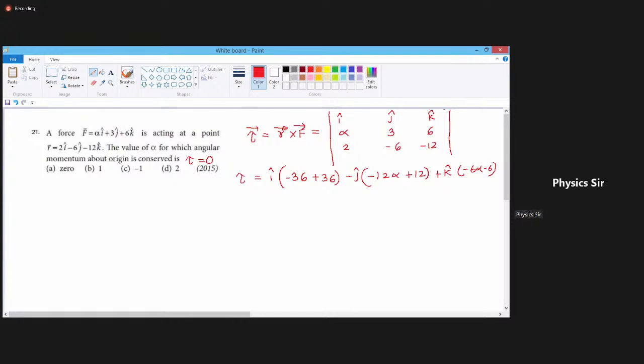This is the torque. So since the angular momentum is conserved, this is 0. ये तो पहले से ही 0 है. So this is the minus j cap times minus 12 alpha plus 12 plus k cap times minus 6 alpha minus 6.